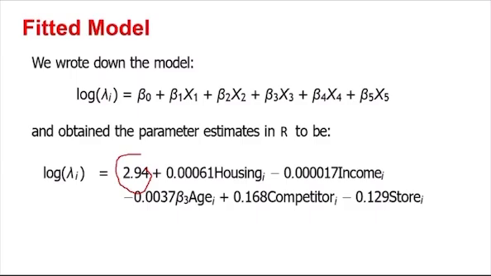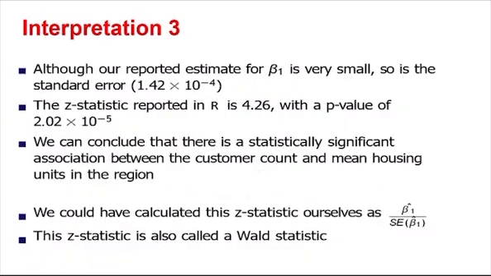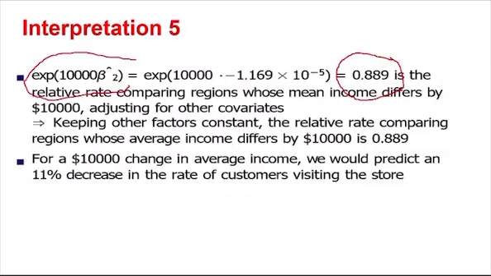So here, when you multiply by 10,000, you get 0.889. If you multiply by 100, that will be less than 100. If you want to know the amount of change of the decrease, subtract that from 100. That was why we said that would be around 11%.